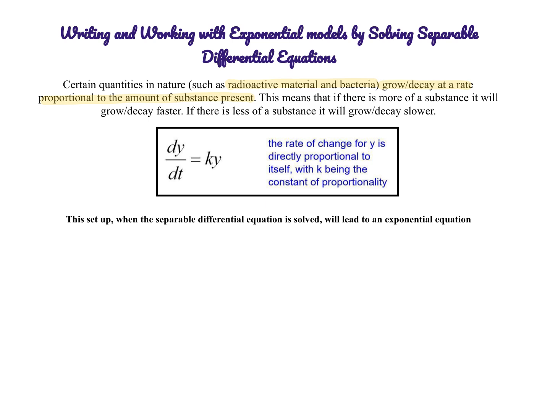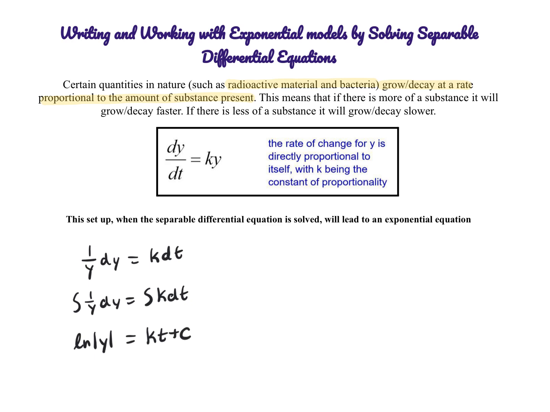So I'm going to divide both sides by y, so I have 1 over y dy equals k dt. And then we'll integrate both sides. And this gives us the natural log of absolute value of y equals kt plus c.